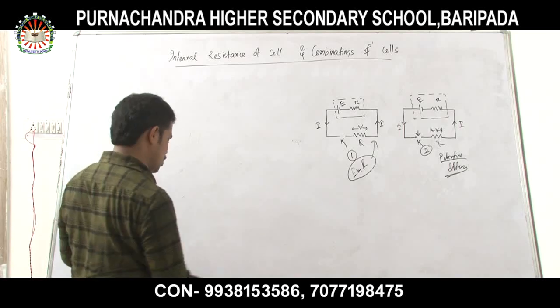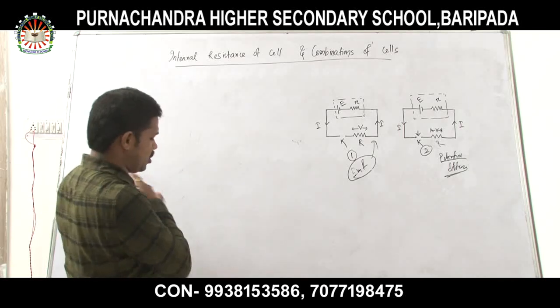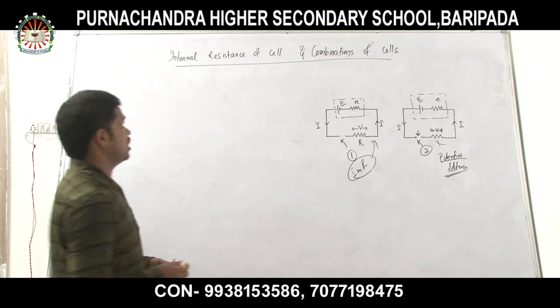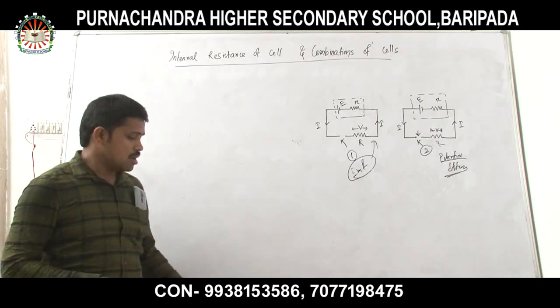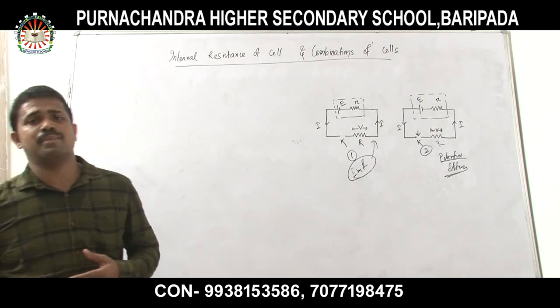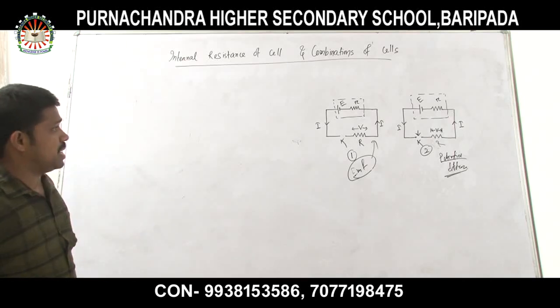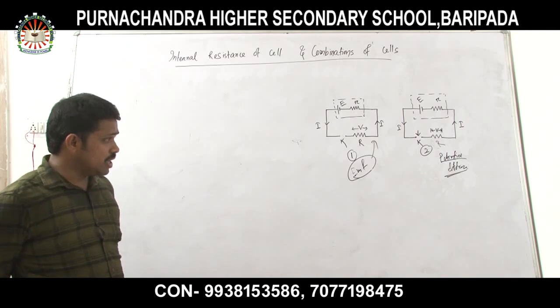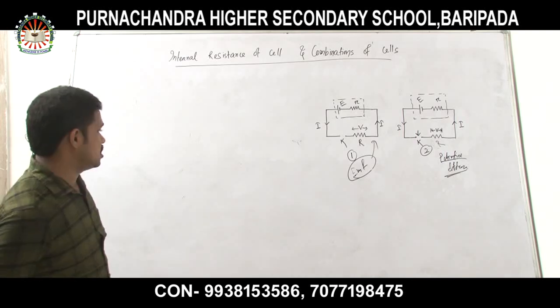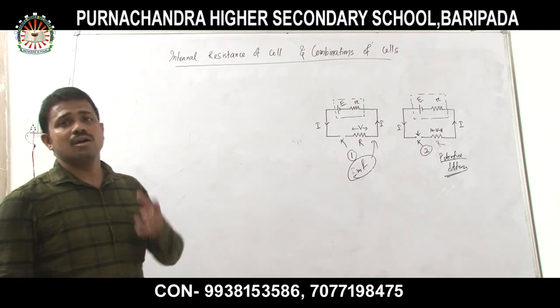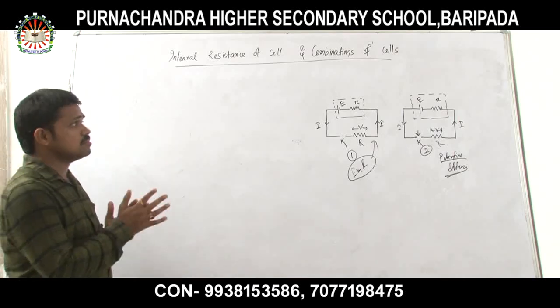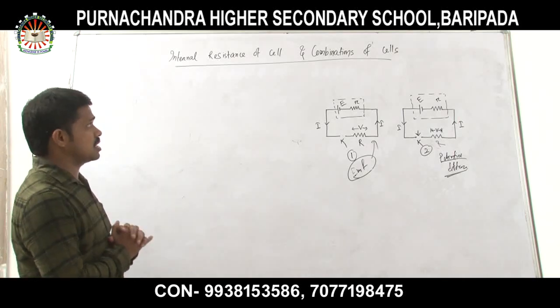Again I will repeat, what are the important points? Now the important points are the internal resistance of the cell. What is the difference between EMF and potential difference? These are the main things we have to mention here. What is the circuit equation we are discussing? These are the things we have already discussed.